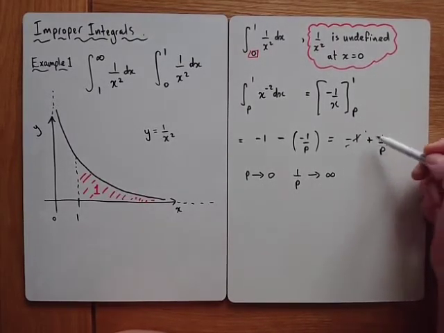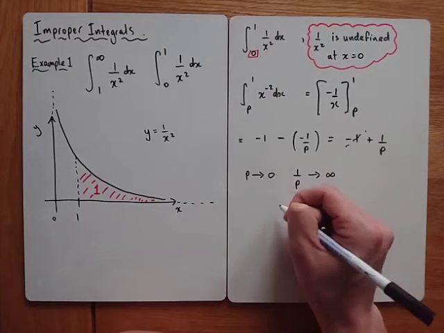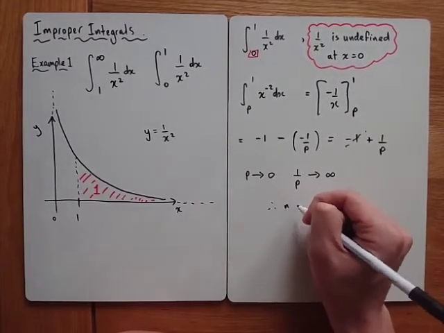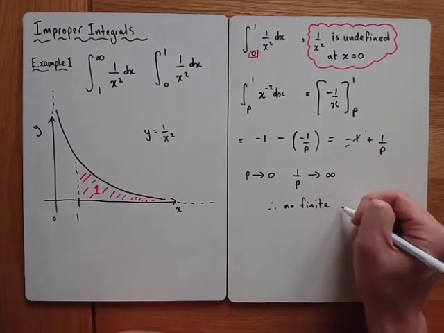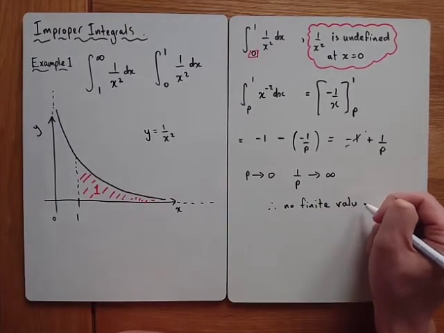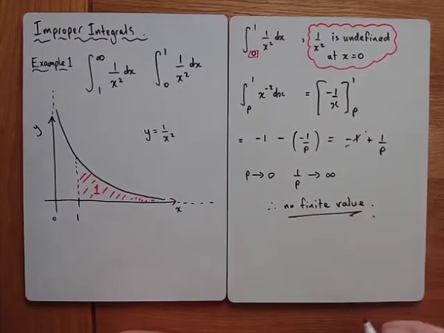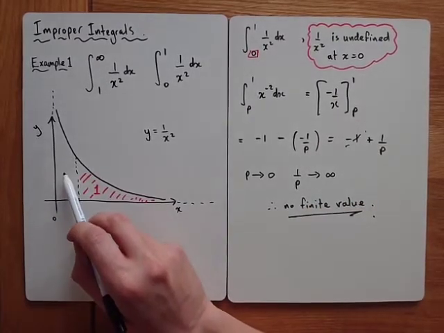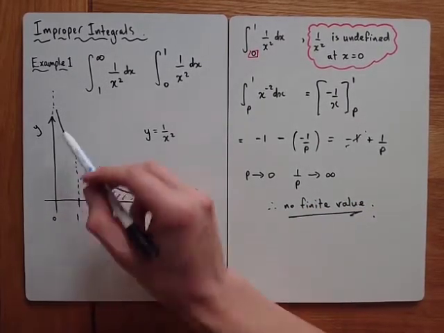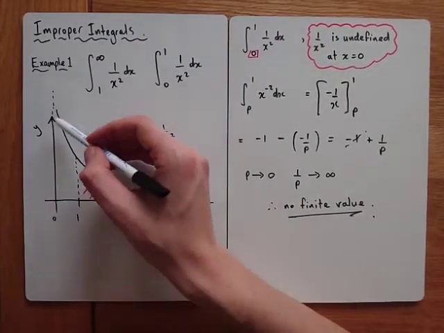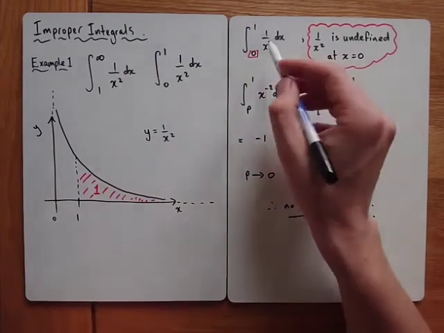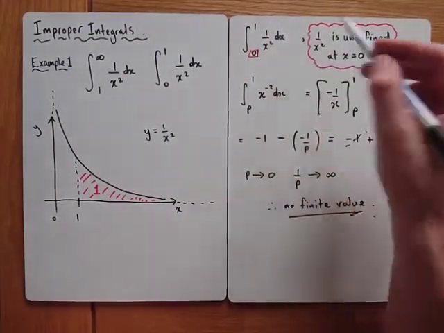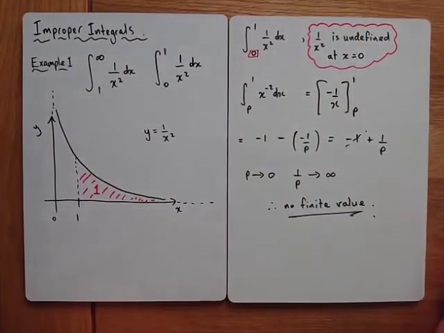This term tends towards infinity, so therefore we have no finite value. So this area here actually just gets bigger and bigger and bigger the closer we get to 0. Like this area essentially tends to infinity. So don't say it's equal to infinity, just say that there's no finite value. Okay, let's try another one.